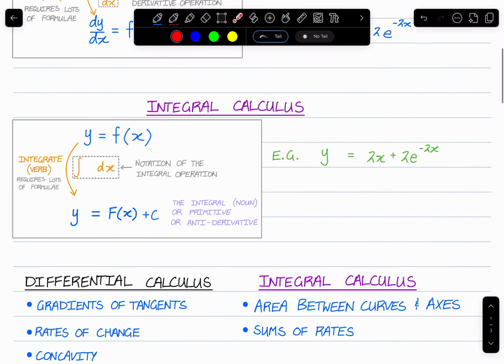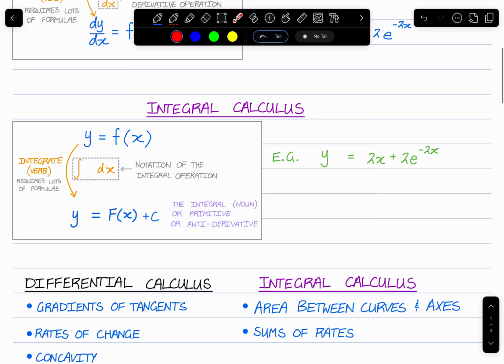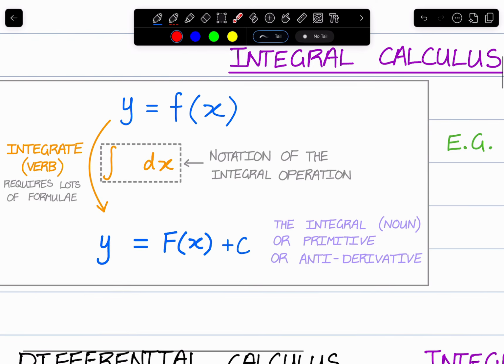Now with integral calculus, once again, very specific notation here. Given a function, we can integrate the function, that is the verb. The notation for the function is this S looking symbol, dx. So this is saying integrate this function, which will be placed on the inside, with x being the variable that you're integrating.